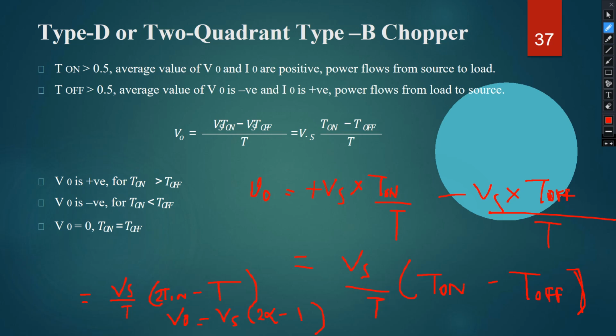So if V0 is equal to Vs, that means it is the boundary condition. That means 1 is equal to 2 alpha minus 1. That means this is for the boundary condition. So what about alpha? Alpha is equal to 1.